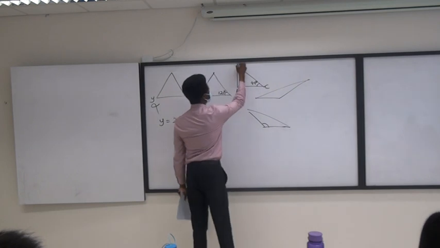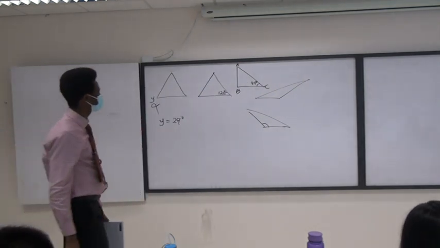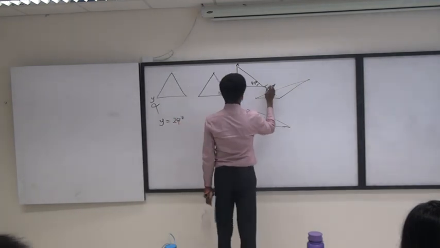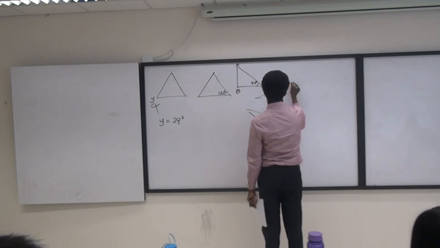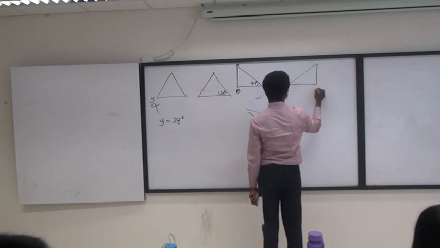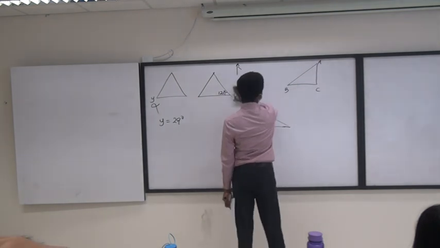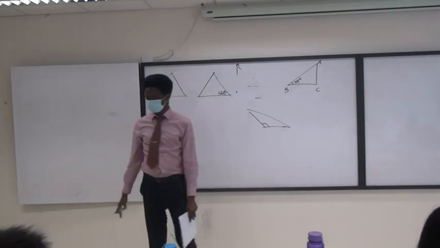Is angle C 49 degrees? Let's check quickly. Angle B is 49. Okay, so somebody drew something like this with angle B as 49, maybe something like this. And somebody tell me why this is wrong.